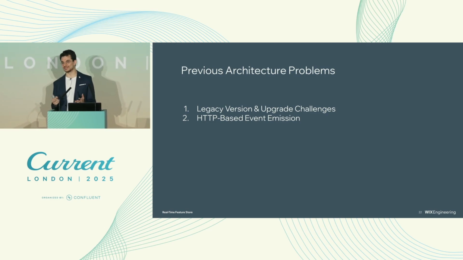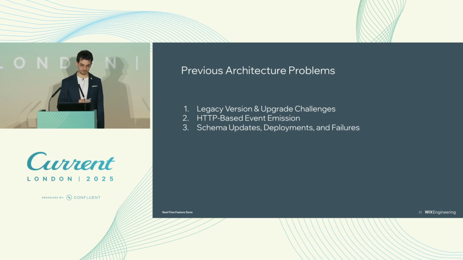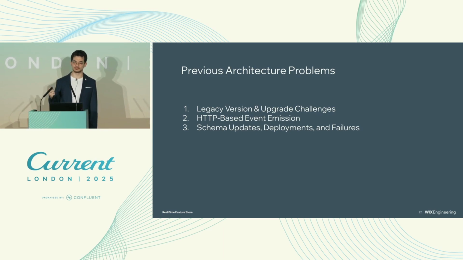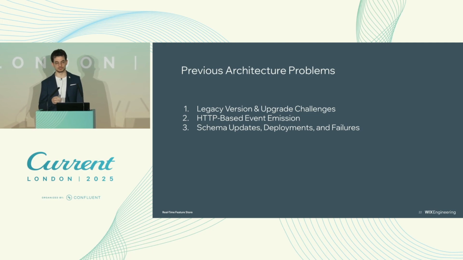So what happens is if we send an HTTP request and the web server is down, we basically fire events into the void. Not cool either. Every time there's a schema update, a deployment, some node goes down for whatever reason, we lose all the data that is in memory. Also, as I said, data loss, not cool at all, both in the web server and in the Apache Storm cluster.